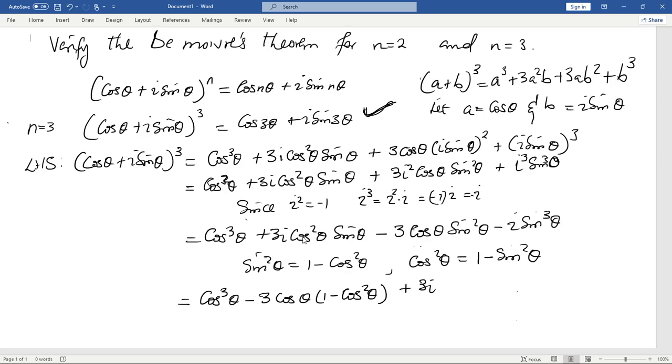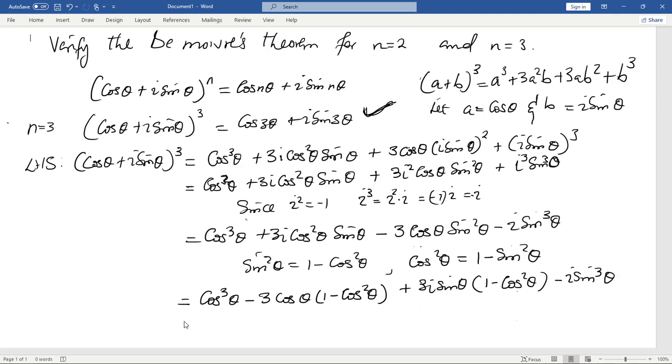Where there's cos squared theta, we put 1 minus sin squared theta, so we have 3i sin theta, open brackets, 1 minus cos squared theta, minus i sin cubed theta.